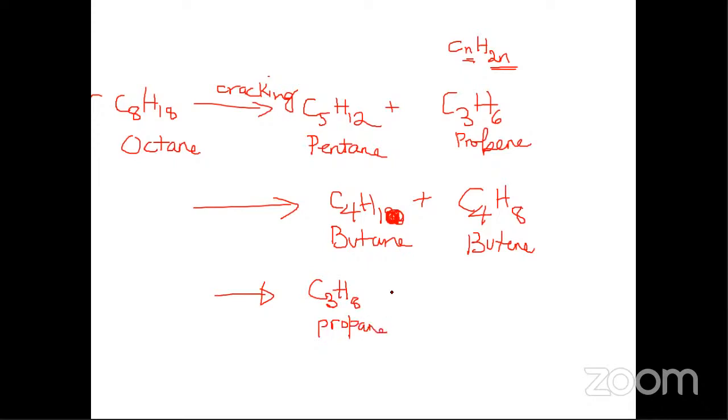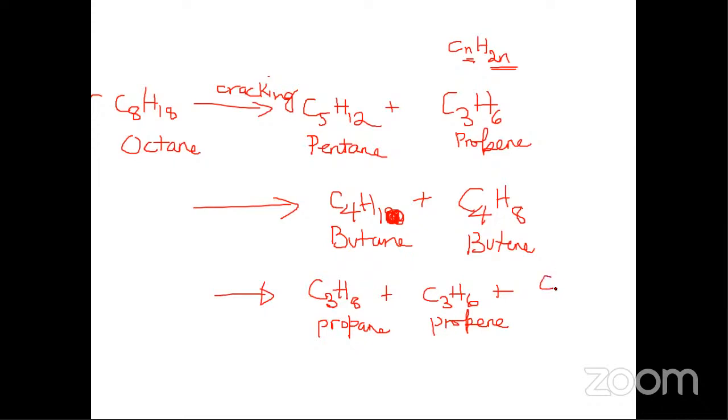So here we have propane. And we're going to have two alkenes. We're going to have propene. And tell me the last product. Ethene.